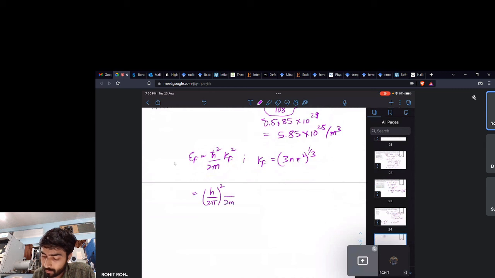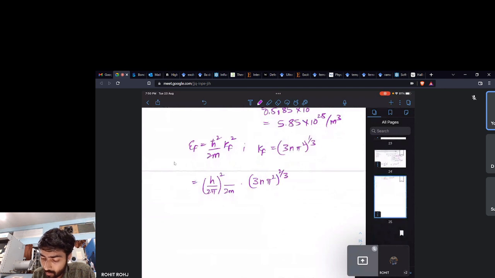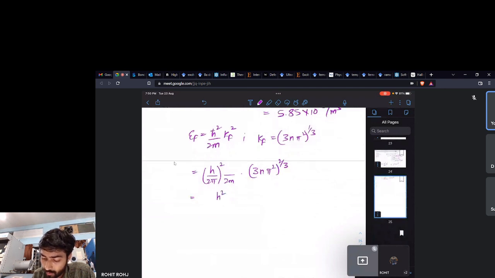We have 2m. Kf square would give me 3n pi square raised to the power 2 by 3. So this is nothing but h square by 4 pi square into 2m. I can take out 3 raised to the power 2 by 3 outside, then pi raised to the power 4 by 3 outside, and the number density remains as n to the power 2 by 3.